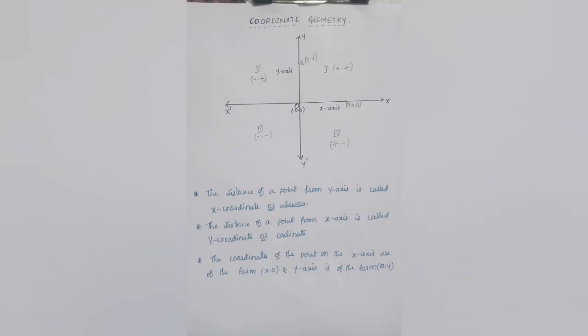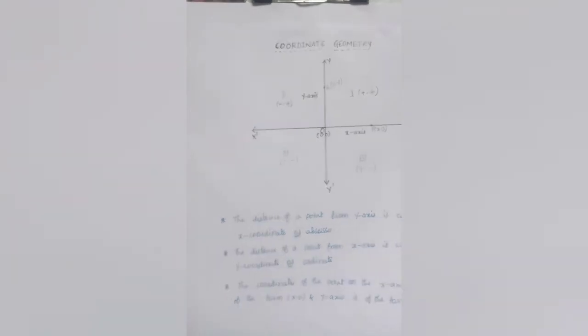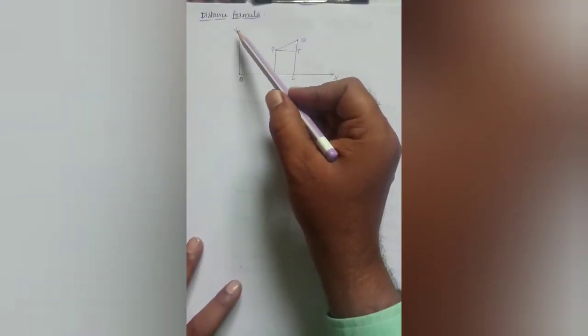This year we are going to learn the distance formula, section formula, and area of a triangle. What are the applications of those formulas? I'll discuss now. The first formula in this chapter is the distance formula: how to find the distance between two points. Here, this is the origin, this is the x-axis, this is the y-axis.